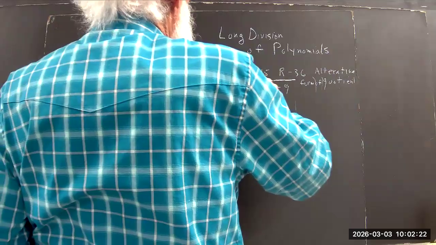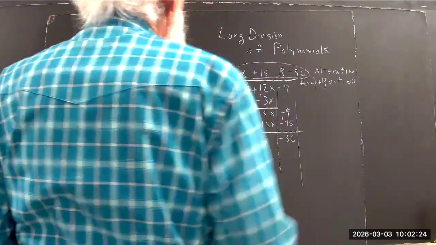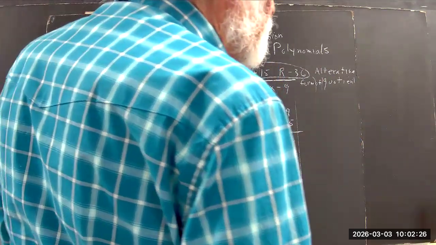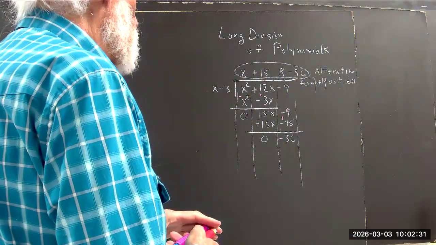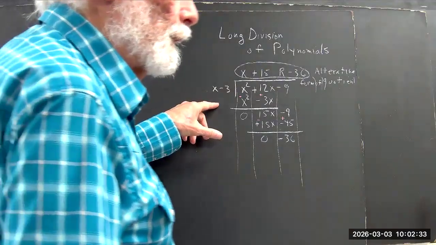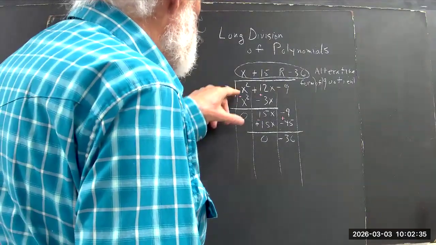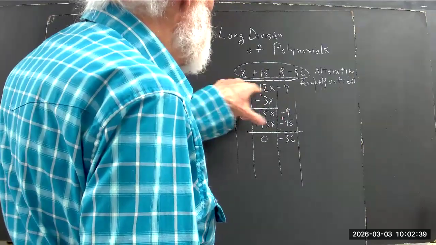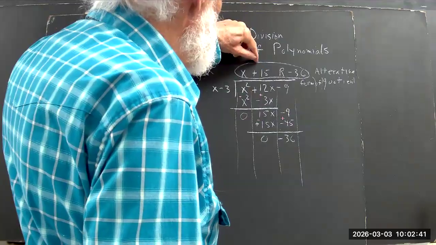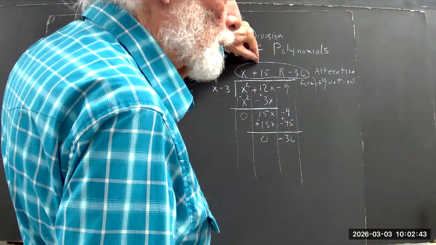Well, first, what's our quotient? That's what we got above the division sign. You remember that x minus 3 is called the divisor. The thing under the division sign is called the dividend, and what we get is called the quotient.